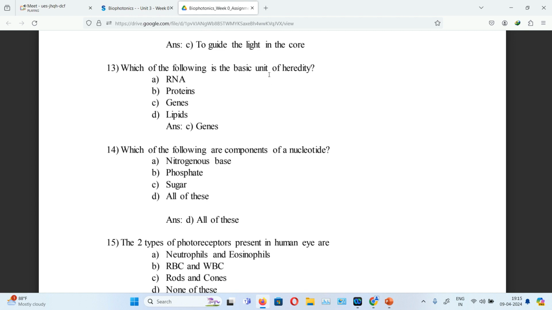Next: which of the following is the basic unit of heredity? RNA, proteins, genes, or lipids. This is a direct question.